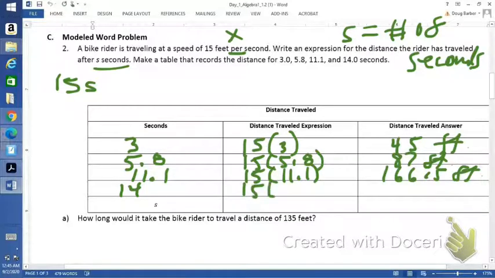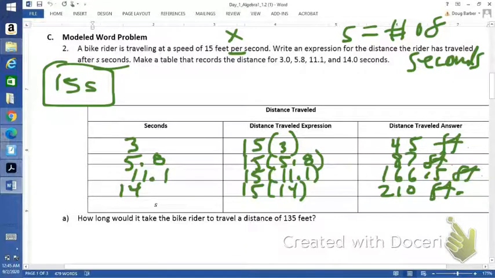And 15 times 14, it's 210 feet. Okay, so there's my expression, and I filled in the table.